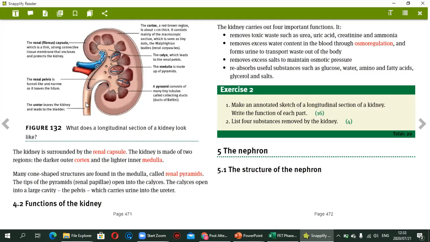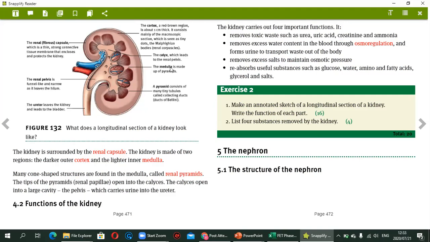Here, the ureter. So it connects directly to the ureter, which is then leaving the kidney as it leads to the bladder. So first from the calyx, which leads to the renal pelvis, and then to the ureter, whereby it's now carrying the urine outside of the kidney to the bladder.